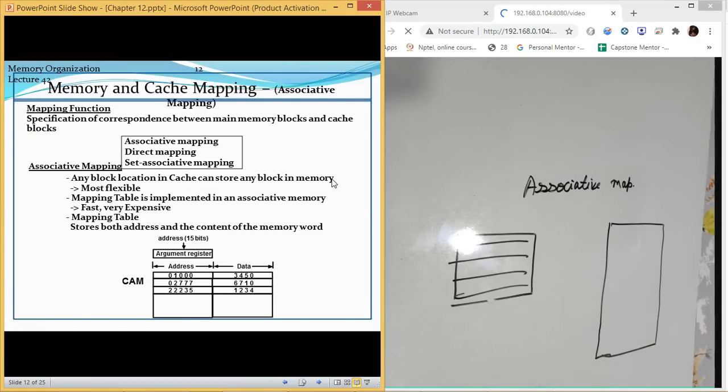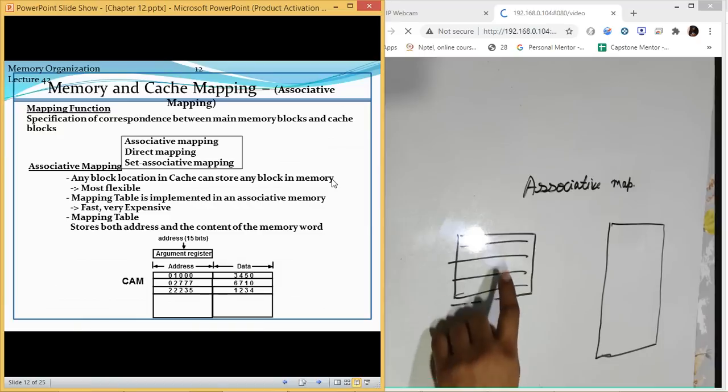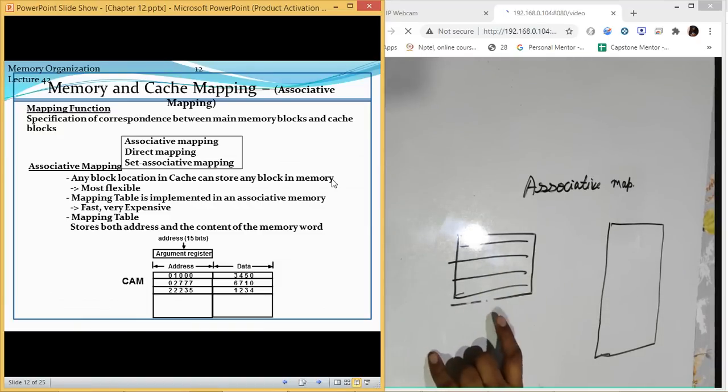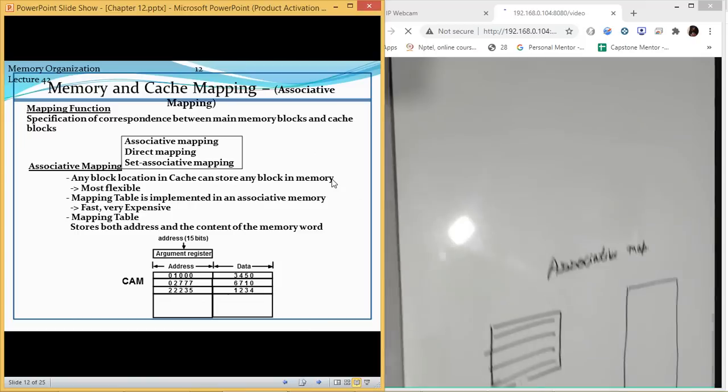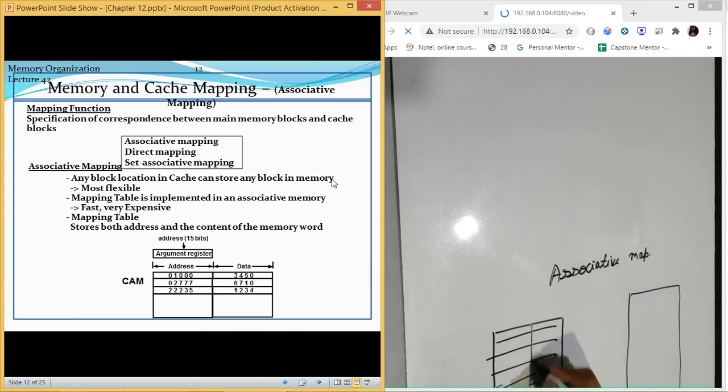Content addressable memory means we are going to search the content, and according to that we have our data present. So it is simply dividing the memory into two portions. In one, we store the address, and the address is not starting from 0, 1, 2, 3; it can be any address.